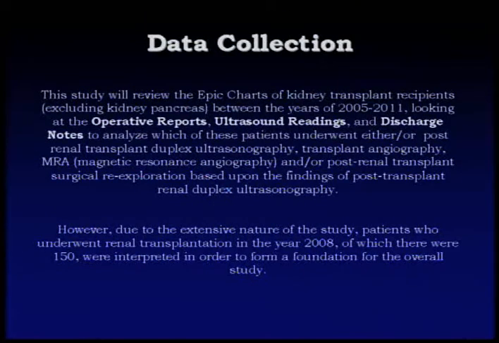For this study, we reviewed the Epic charts of all kidney transplant patients, excluding kidney-pancreas, from the years 2005 through 2011, looking over their operative reports, ultrasound readings, and discharge notes, to analyze which of these patients underwent either post-renal transplant duplex ultrasonography, transplant angiography or magnetic resonance angiography, along with surgical re-exploration based on the findings.